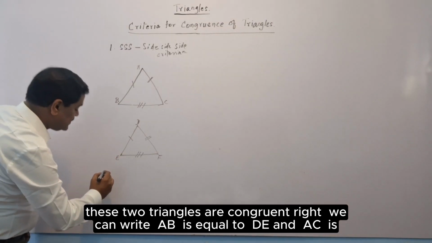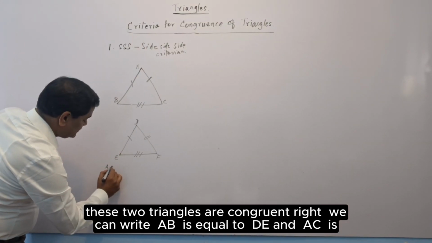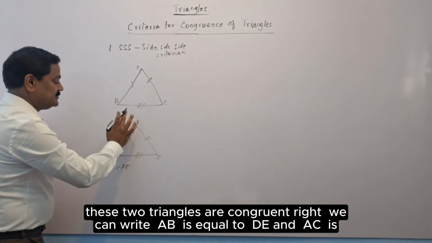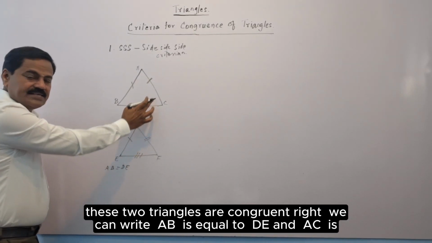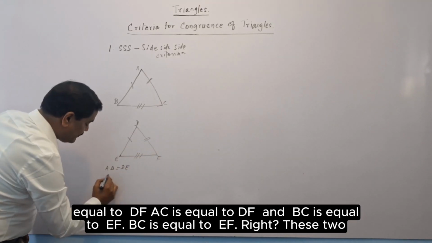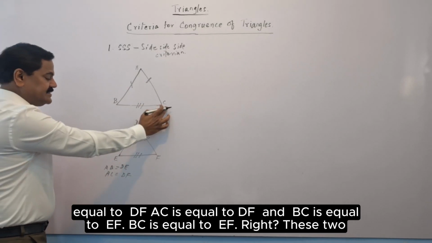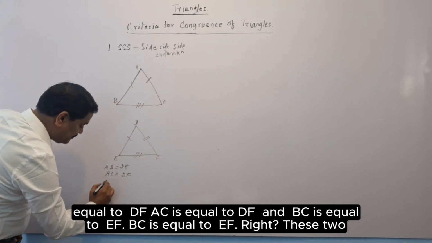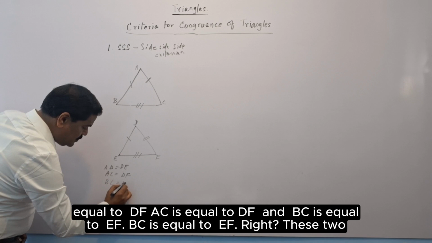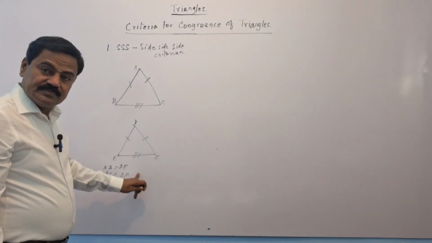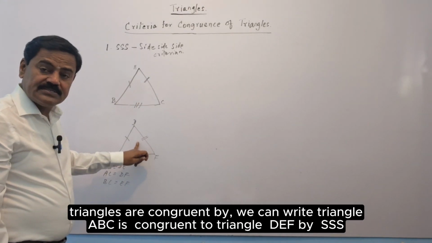We can write AB is equal to DE, AC is equal to DF, and BC is equal to EF. These two triangles are congruent.